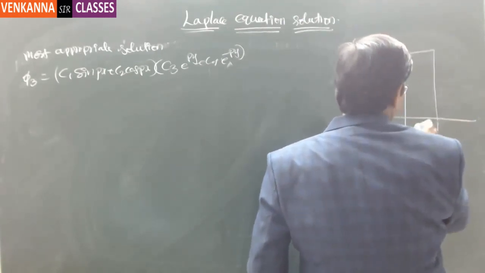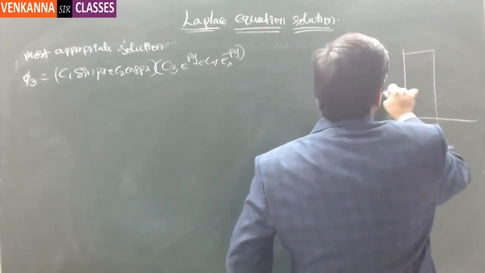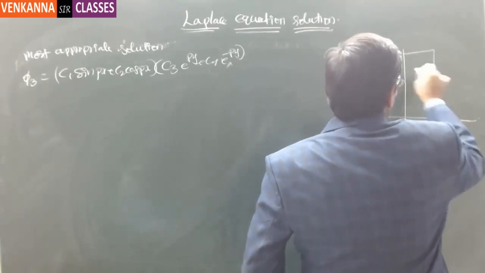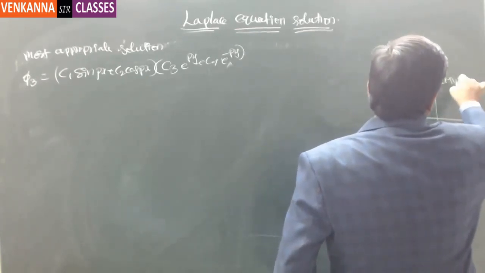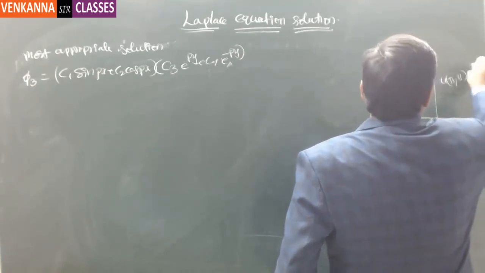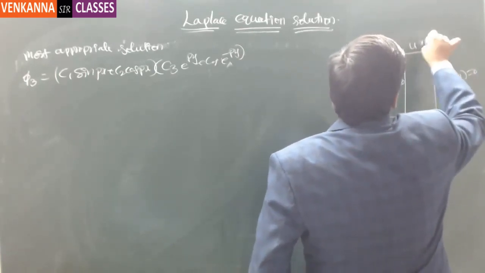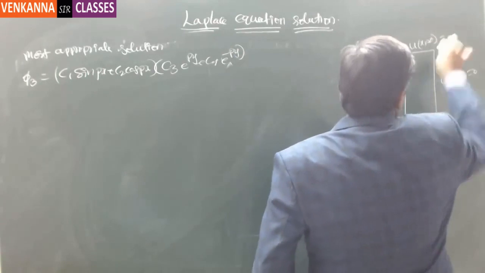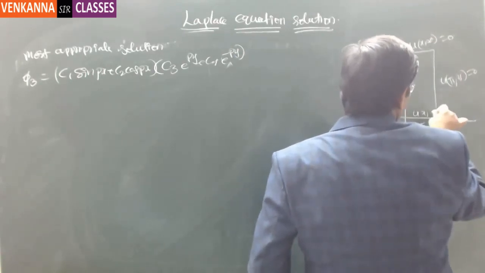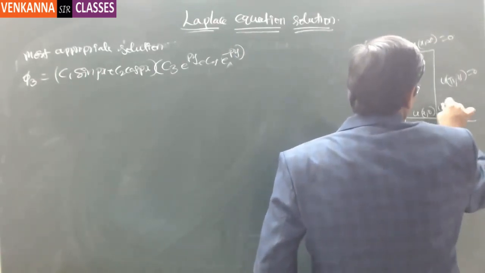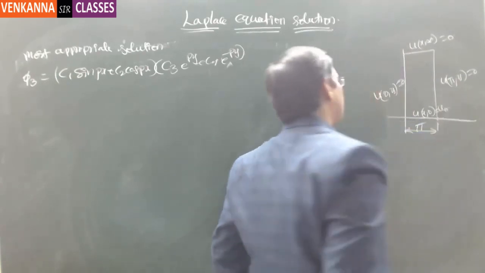This length is pi, and u of 0 comma y is 0, and u of pi comma y is again 0, and u of x comma infinity is 0, but u of x comma 0 is u naught. So these are the boundary conditions.